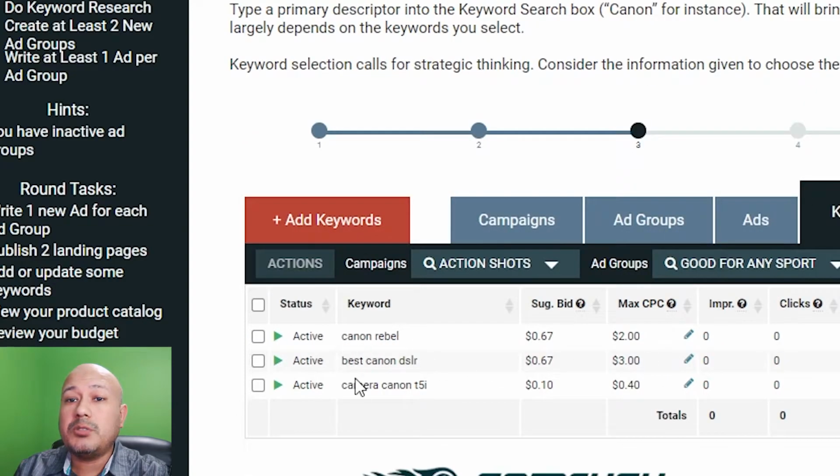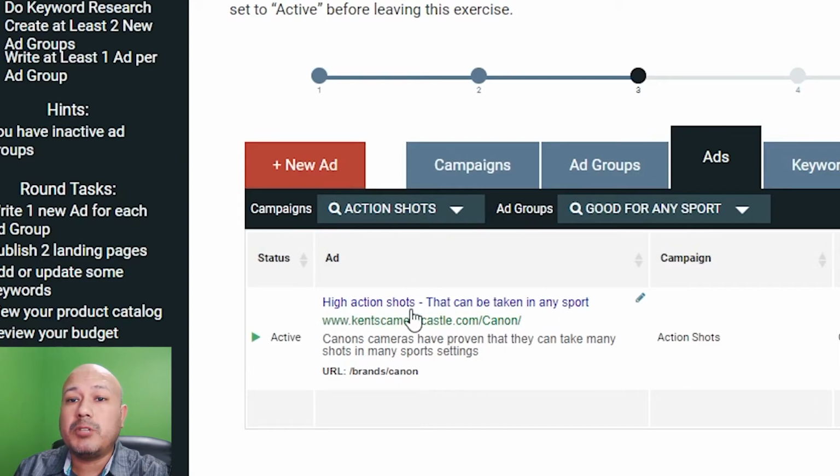Now the keywords that you did buy, which are Canon Rebel and Canon DSLR, when somebody types these 3 keywords, your ad might show up, but when they look at this, the initial impression is this is not about Canon at all, so the consumer will simply move away from your ad, right? Again, like what Google is also doing, because here your impression is 0, which means that this ad actually did not show up, right?